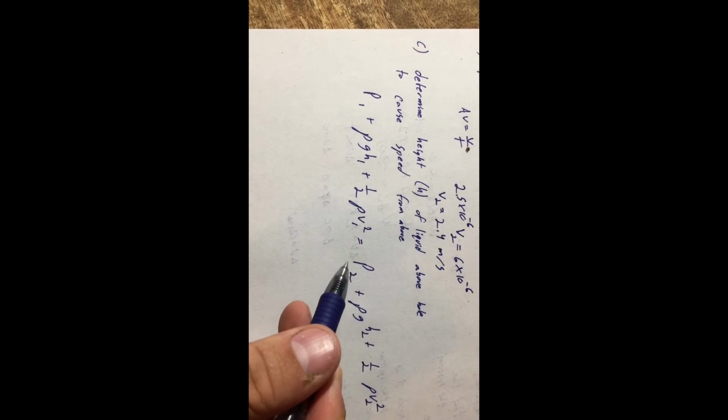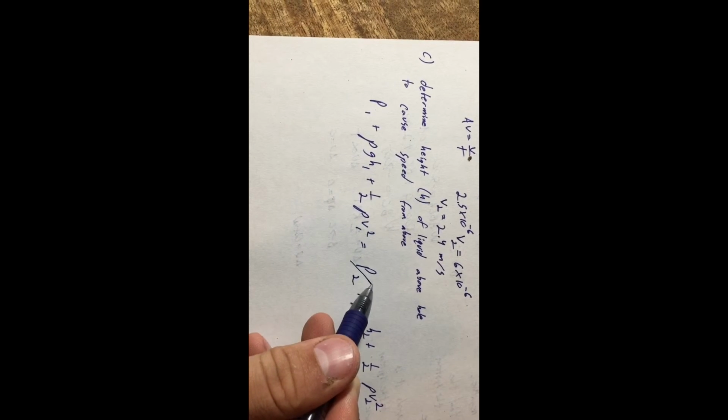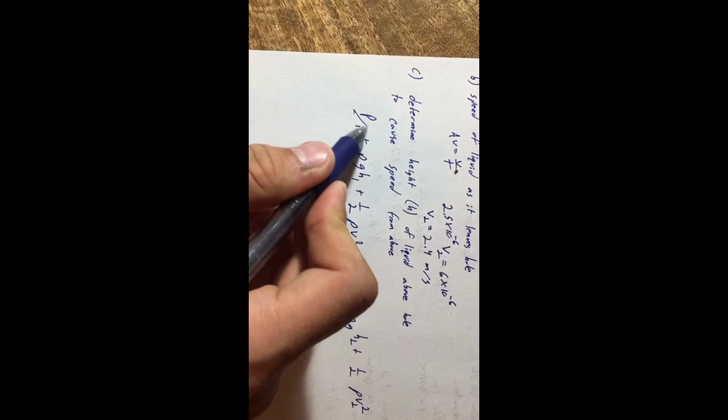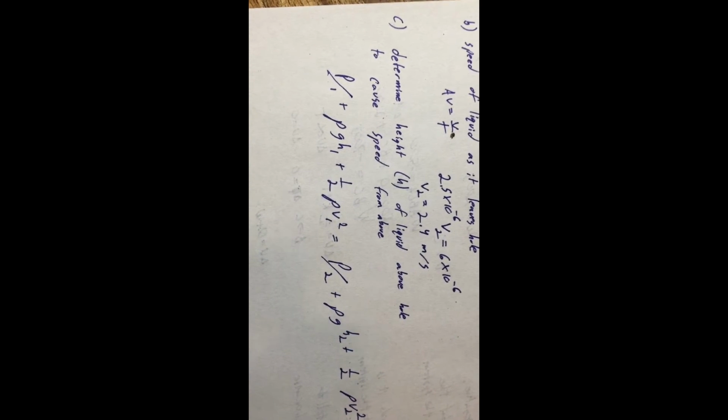So we can cross a lot of things out because a lot of things are the same on both sides of the equation. For example, the absolute pressure P2 does not change from P1, so you can cross those out and they cancel. The density does not change in any of these.